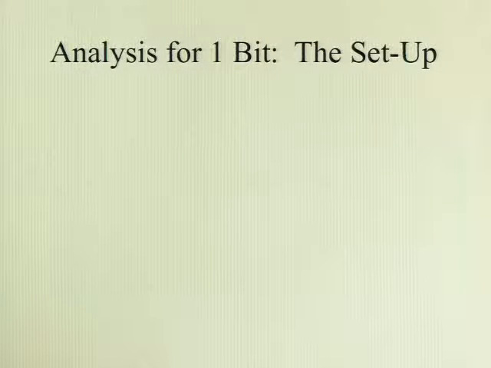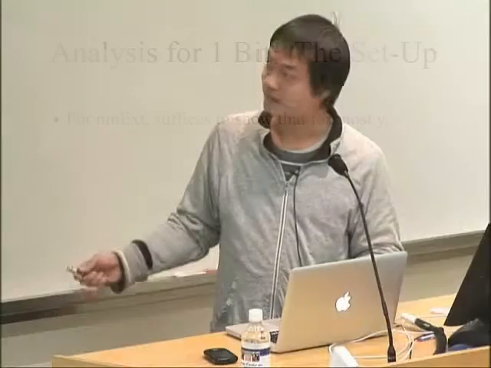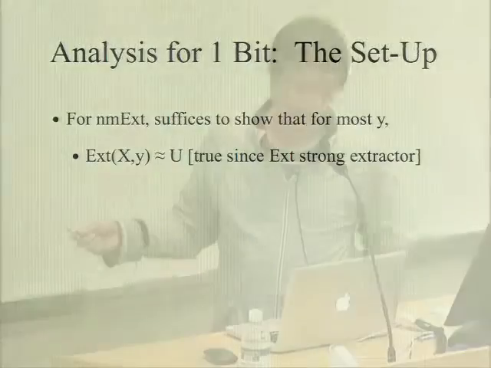Okay, so now I'm going to say a few words about the analysis. So why is this a non-malleable extractor? Basically, to show that this is a non-malleable extractor, it suffices to show that for most seeds y, first of all, this part is close to uniform. This already follows from the fact that this thing is a strong extractor.